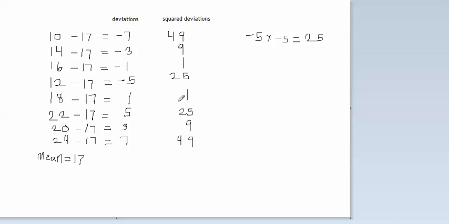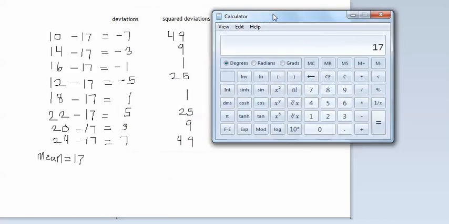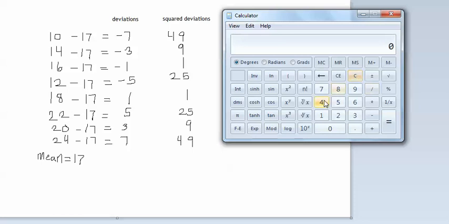First, we have to add up these numbers to get the total of the squared deviations. So the total comes out to 168. That's the total of the squared deviations.